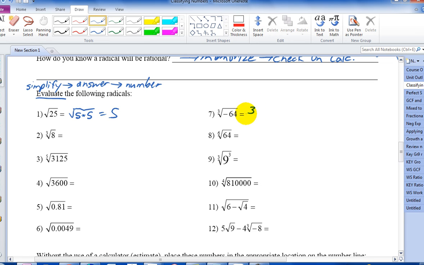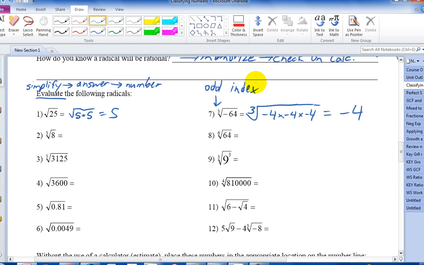This one, cube root negative 64, that would be a negative 4 times a negative 4 times a negative 4. So what number is occurring 3 times? Negative 4. Okay, now that works out really good because the index is an odd number. Okay. So it's an odd index.